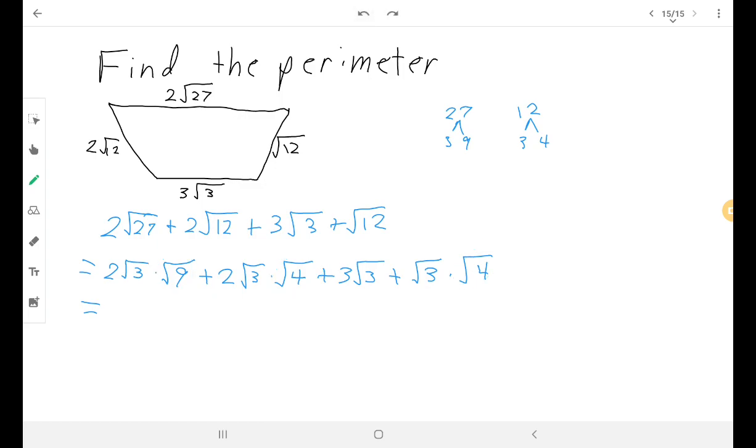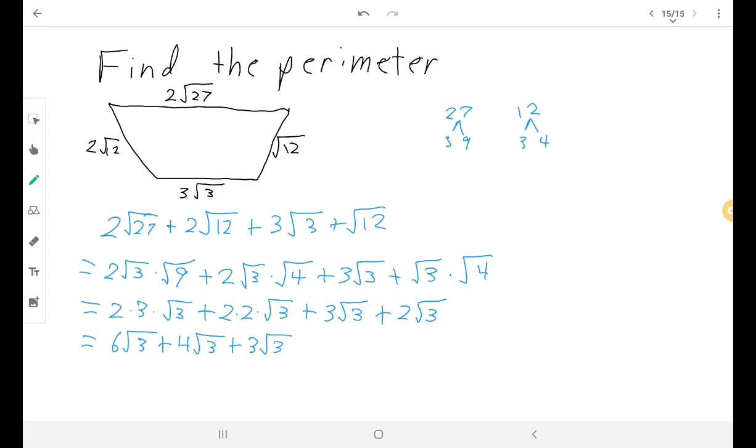The square root of 9 is 3, so I got 2 times 3 times square root of 3, plus this is 2, so I got 2 times square root of 3, then 3 times square root of 3, that doesn't change, plus this is 2, so 2 times square root of 3, which gives me 6 times the square root of 3, plus 4 times square root of 3, plus 3 times square root of 3, plus 2 times square root of 3.